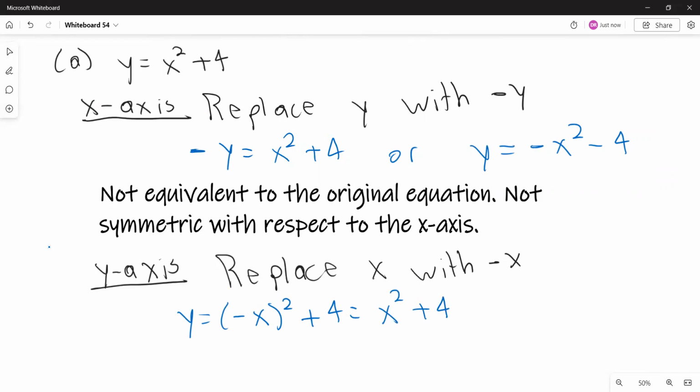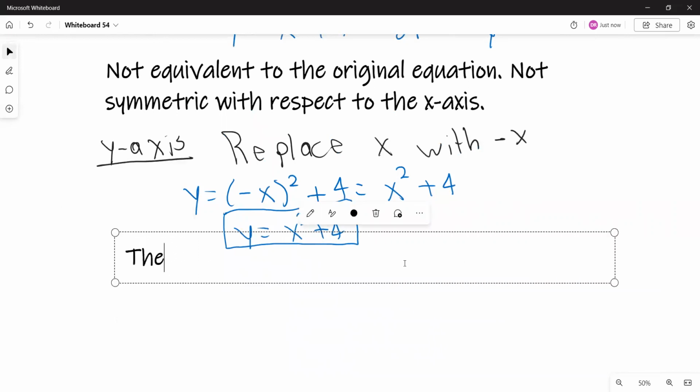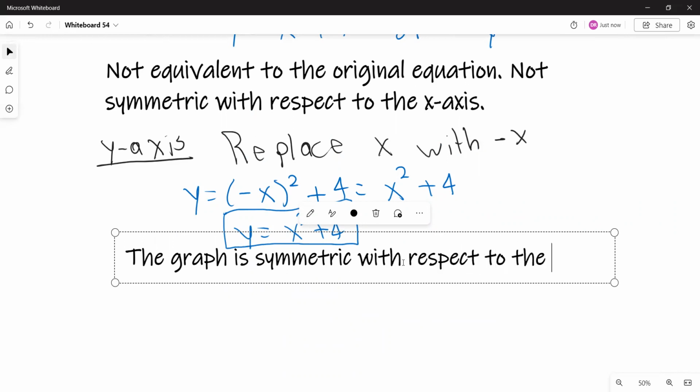Okay, so we got that y is x squared plus 4, which is the same equation that we began with. That's equivalent to the original equation. And the graph is symmetric with respect to the y-axis.